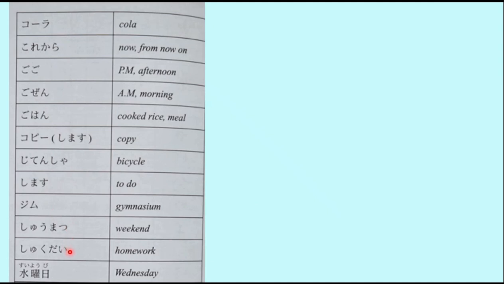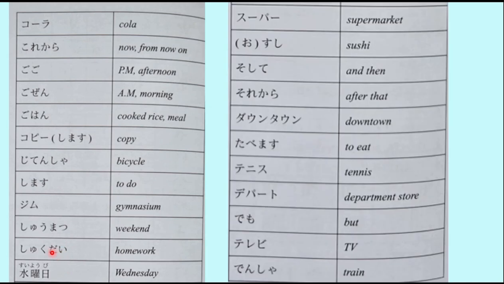Shukudai, homework. Suiyobi, Wednesday. Then we have supa, supermarket. Osushi, sushi. Soshite, and then. Sorekara, after that. Then we have downtown, downtown.